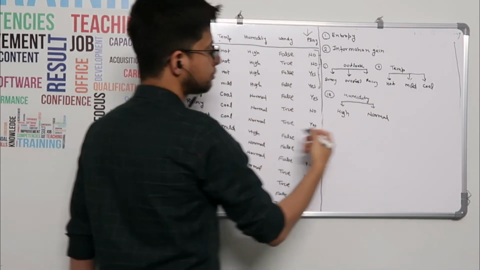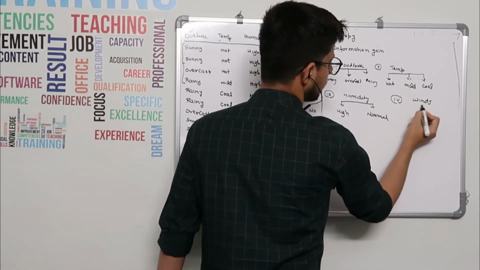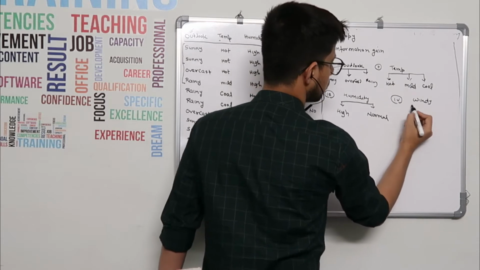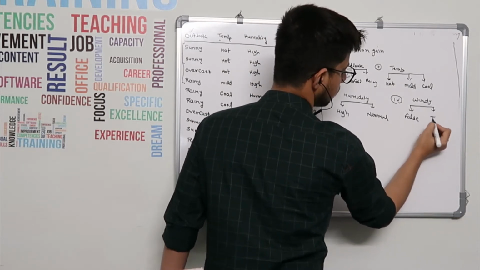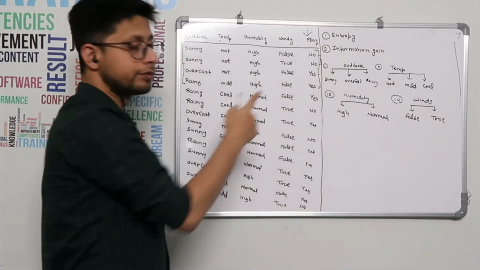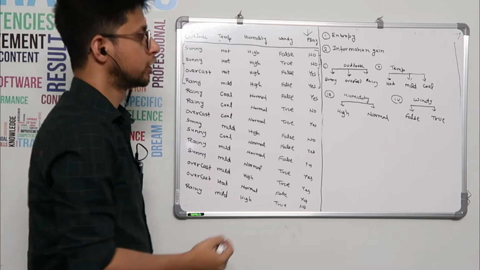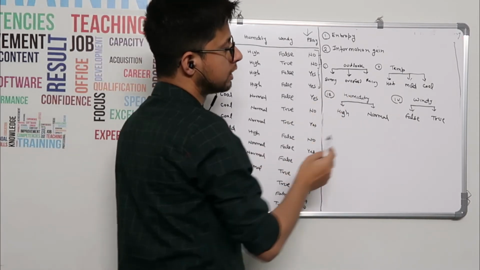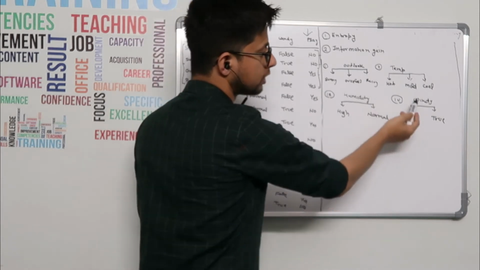And the fourth possibility is to start with wind. It's windy, right? And in windy also there are two conditions, true or false. So these four are the possibilities you can start building the decision tree with. The first is you start with outlook, second with temperature, third with humidity, fourth with windy.